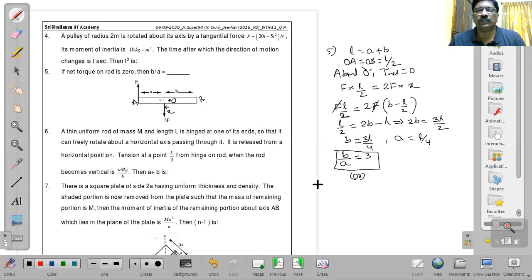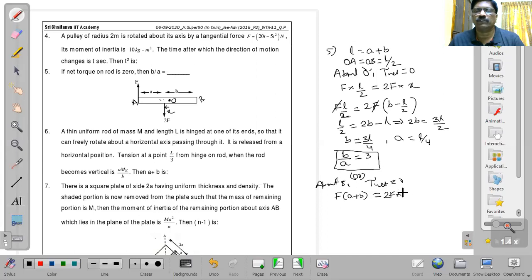So about B, if you take it, the net torque is 0 as the rod is in equilibrium. About B, due to F clockwise torque acts and due to 2F anti-clockwise torque acts. Clockwise torque due to F is F into A plus B, about B. That is equal to the anti-clockwise torque 2F into the perpendicular distance of 2F from this point B, which is B only.